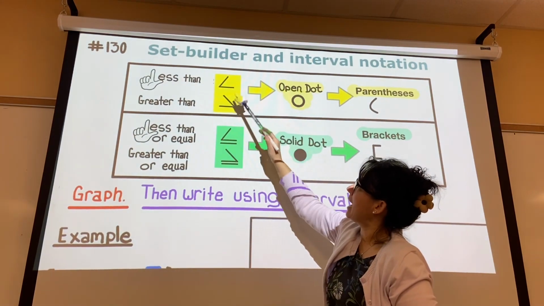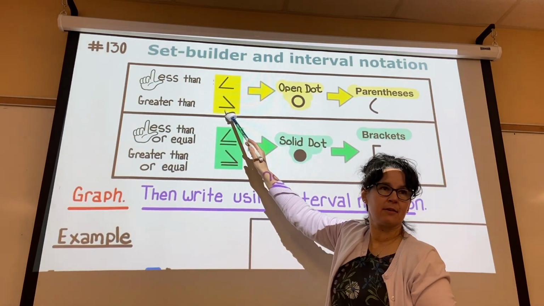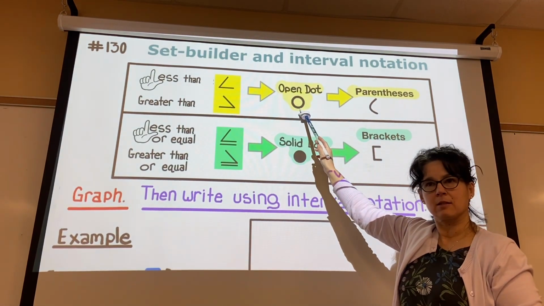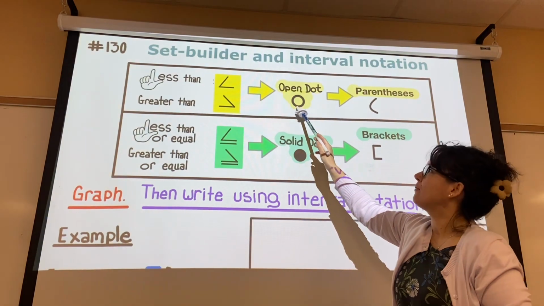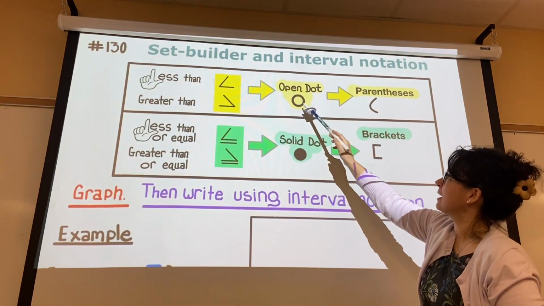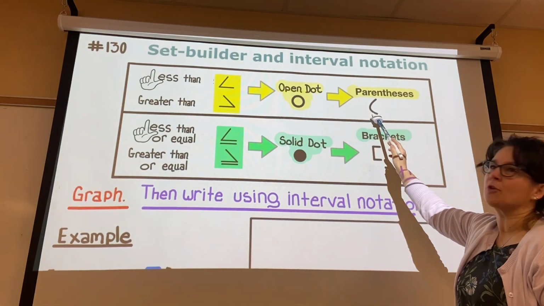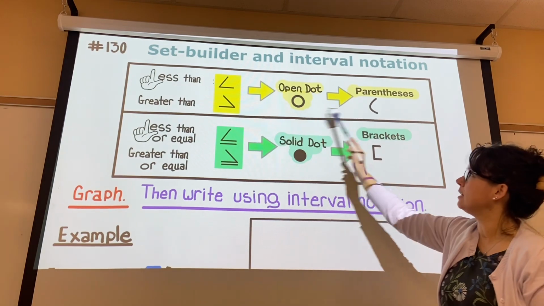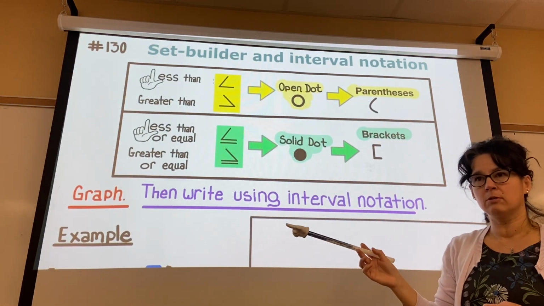If you do not have an underline, that's the same thing as an open dot, and it's also the same thing as a parenthesis. Okay, so these symbols are kind of interchangeable.